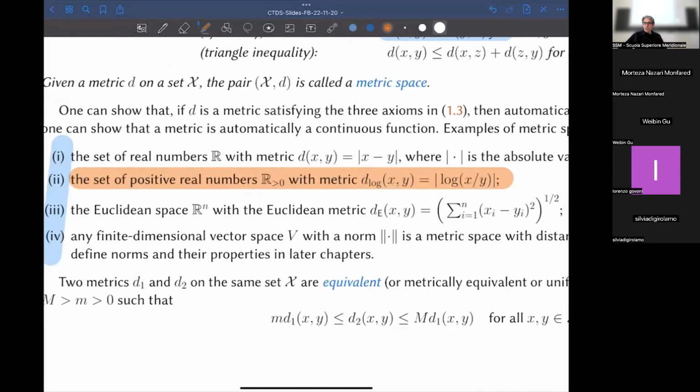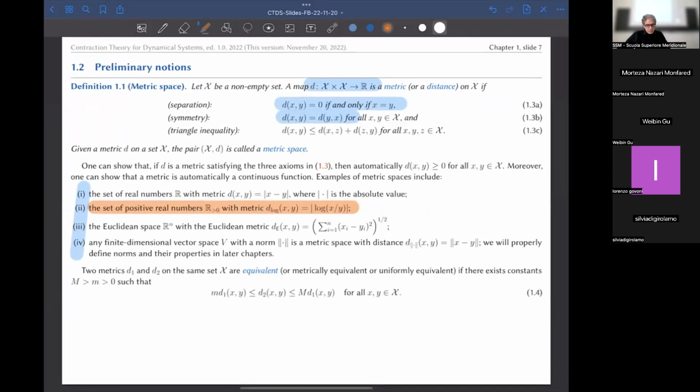X and Y are both positive, so X over Y is a positive number. I take the log of it. Well, if X is lower than Y, then it's a number less than 1, so the log is negative. So I need to take absolute value. But this is a metric.